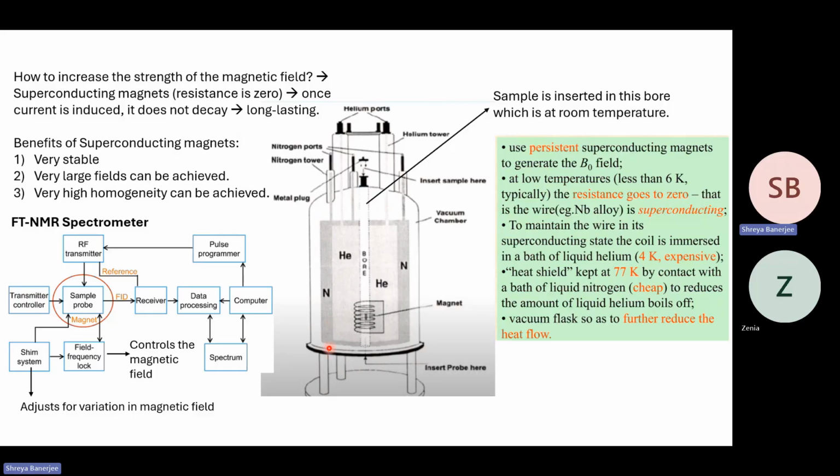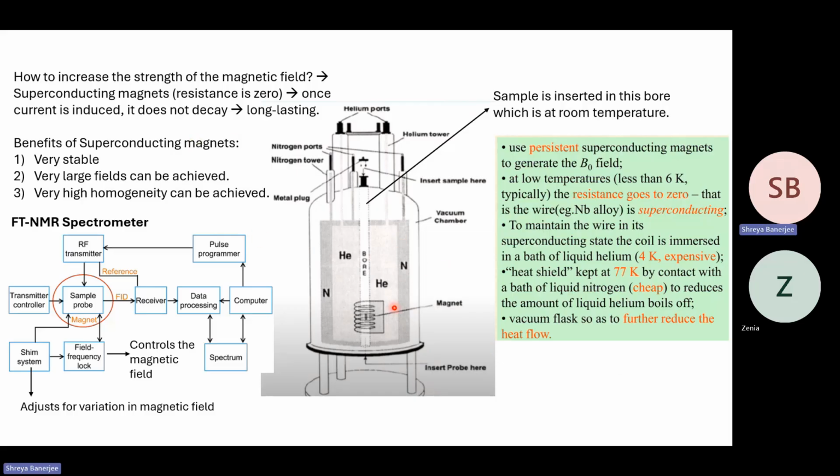So a heat shield is kept around the helium, which is made of nitrogen. This liquid nitrogen heat shield of around 77 Kelvin protects the helium from losing too much heat. And since liquid nitrogen is much cheaper than liquid helium, it is used as a heat shield. And further, there is a vacuum chamber to reduce the heat flow even further.